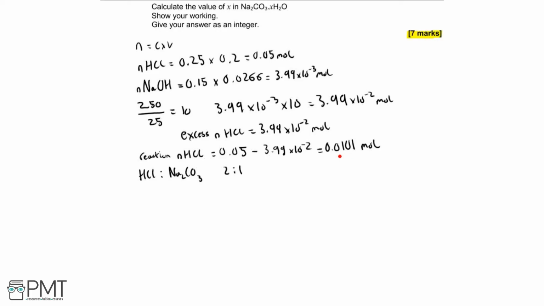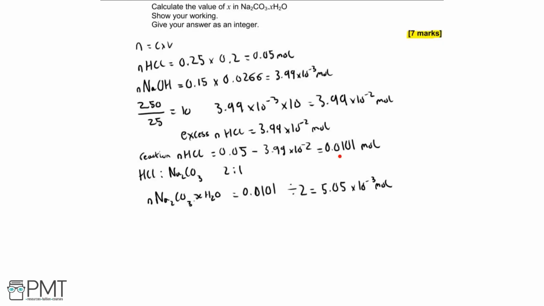So the moles of our sodium carbonate, the Na2CO3·xH2O, is equal to 0.0101 divided by 2, which gets us a value of 5.05 times 10 to the minus 3 moles.